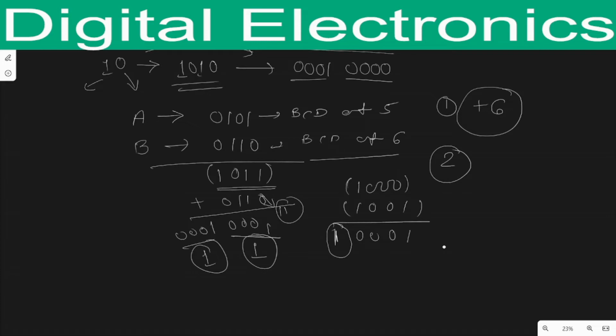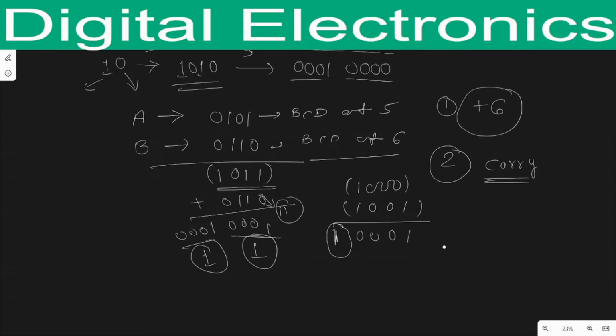So these are the two conditions: when a carry is generated, and when the sum is greater than 9. At both these times we will add 6 with the data. Got it?